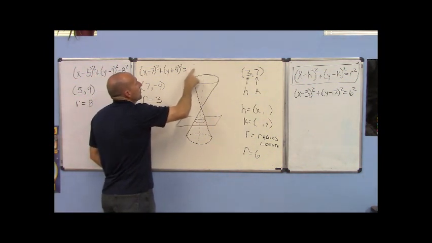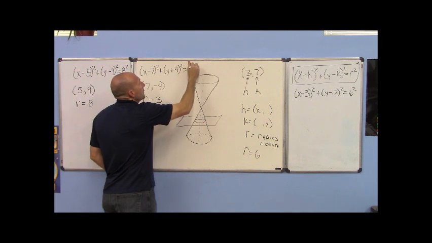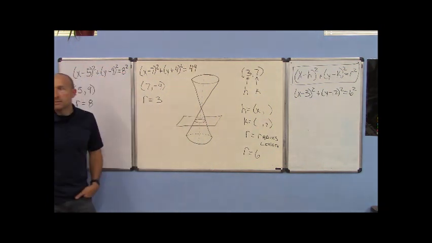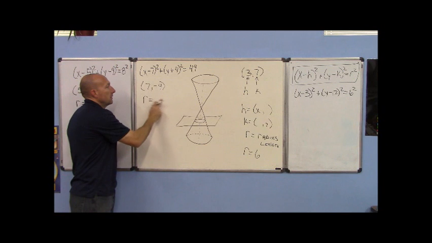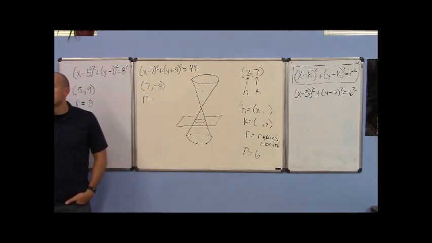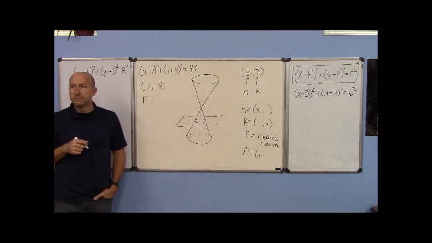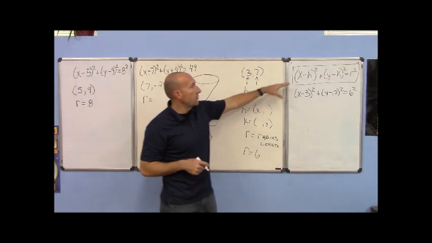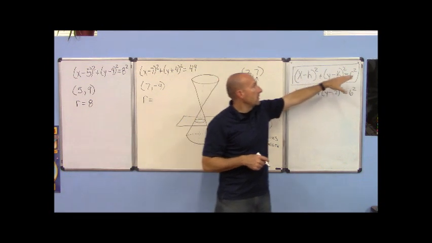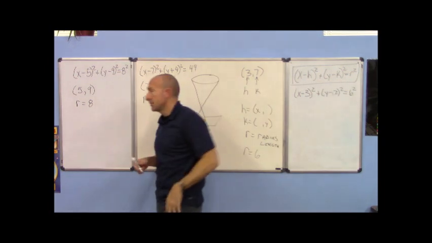What if you were told this? What would the radius length be? Nobody's actually correct yet. What's the radius length? Think about your standard form and what form this is in.